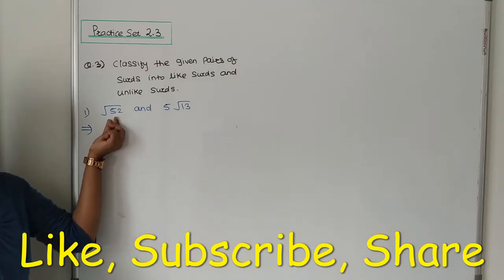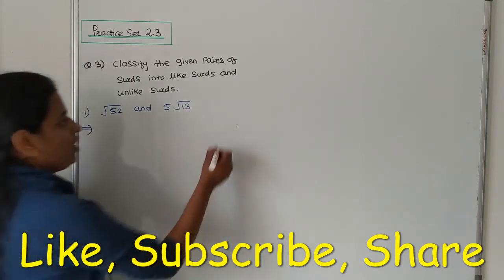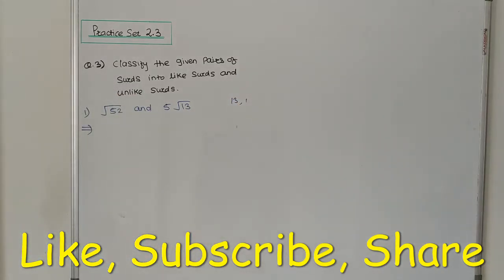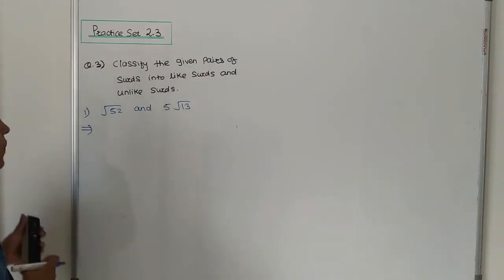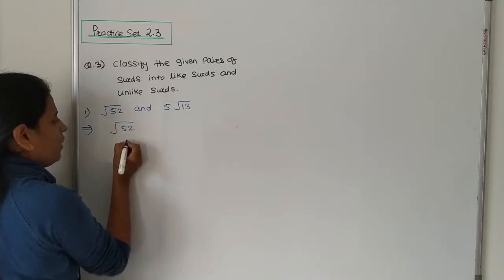We have to factorize this one, that means find the factors. We cannot find factors of 13, since the only factors of 13 are 13 and 1 itself. So we have to find the factors of 52 here.